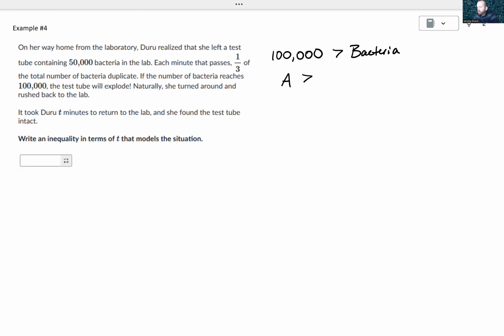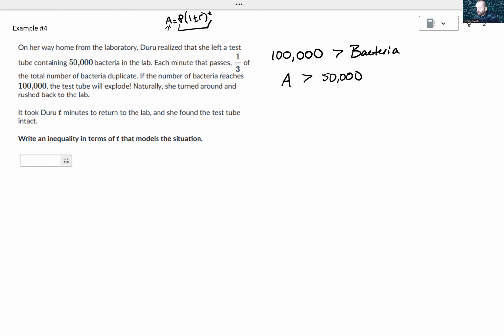So we started with 50,000 bacteria. Let me write this up here. A is equal to P times 1 plus or minus R to the T. We're using that same formula, except instead of equals, we're writing a less than, because all of what this bacteria is has to be less than the final amount of 100,000.